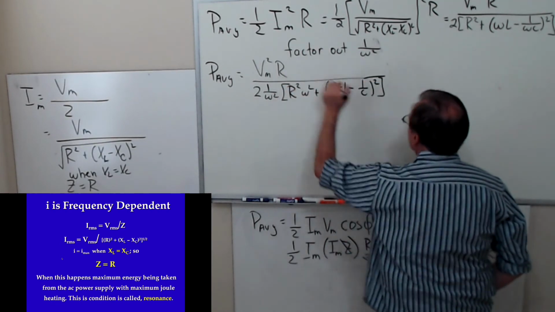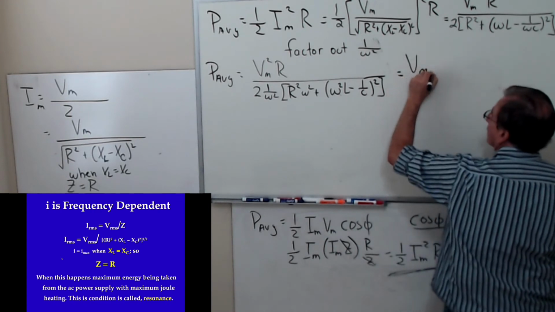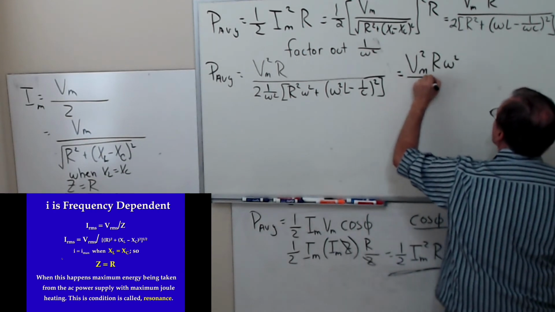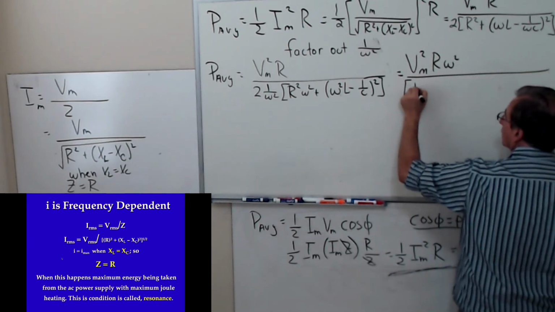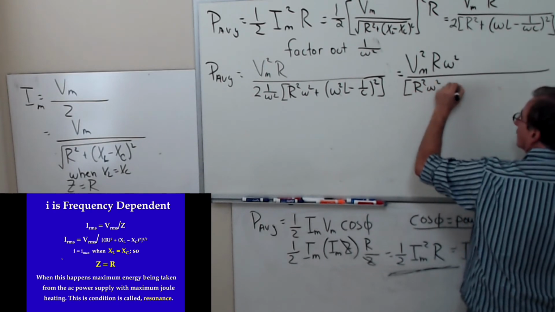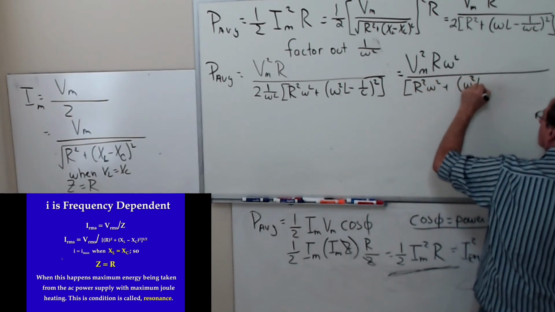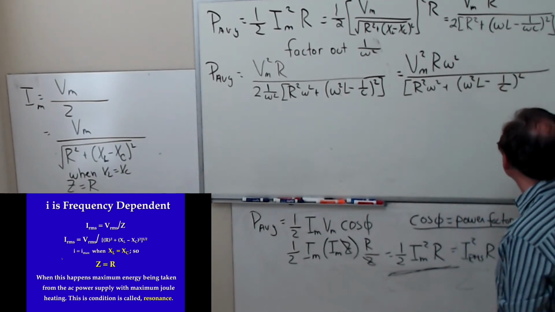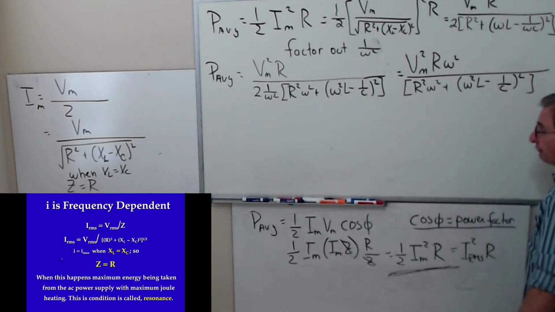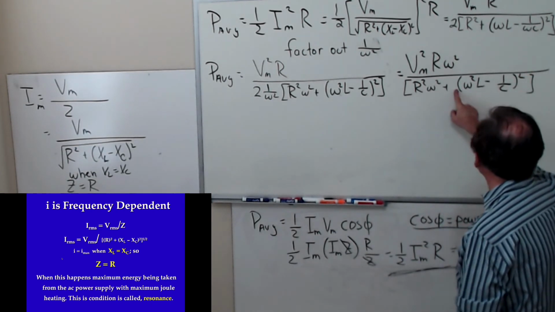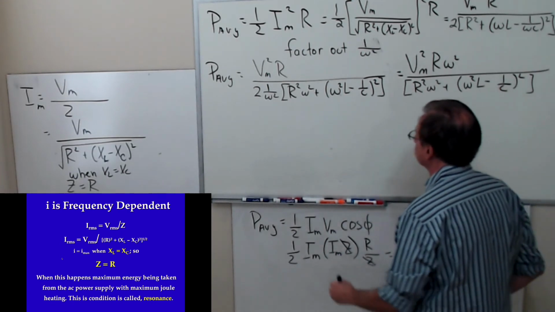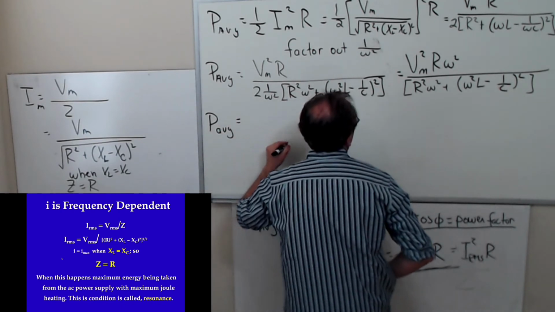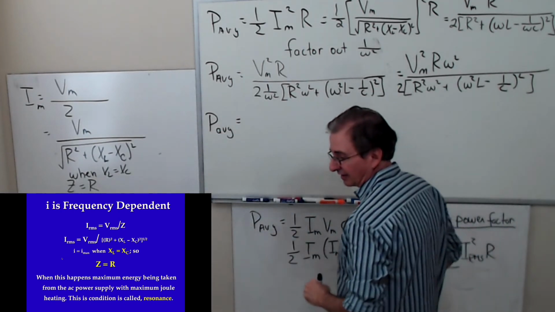And let me put this up in the numerator. The last thing I'm going to do is factor out an L squared from here. I'm going to factor out the L squared. Forgot the 2. Sorry. Okay.